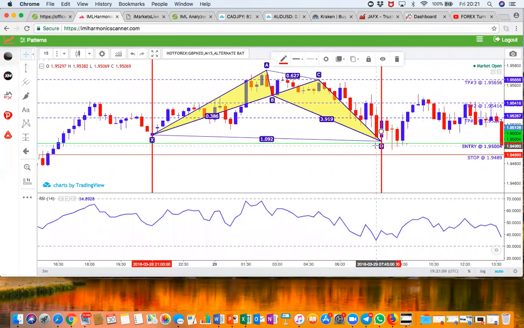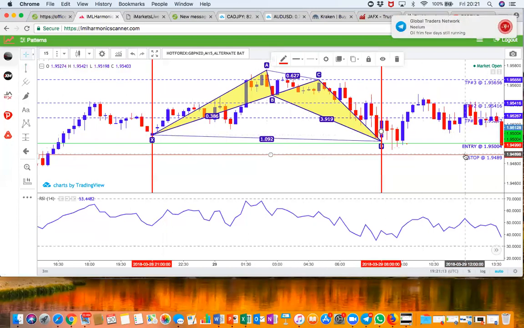So when the X and the D is underneath, that's a buy. And when the X and the D is above, that would be a sell. The harmonic scanner always has a stop loss, an entry, and take profit 1, 2, 3.